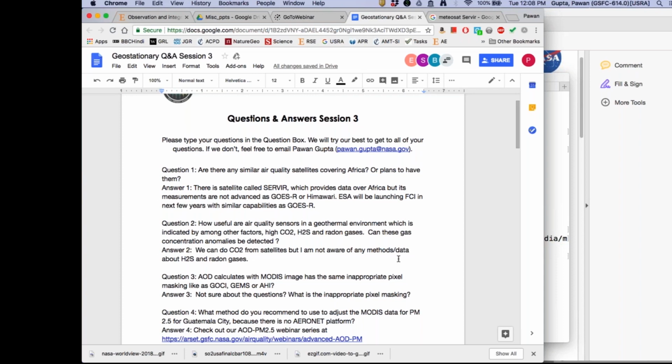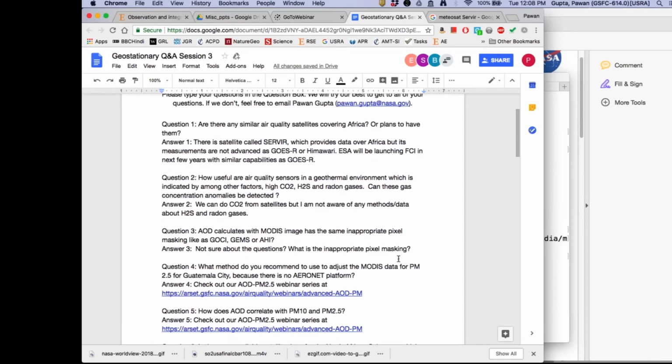Although it is an old GOES imager type sensor and it does not have that many spectral bands, so it's not as advanced as GOES or HIMAWARI sensors. In the next few years, ESA will be launching a sensor called FCI, which will have similar capabilities as GOES.